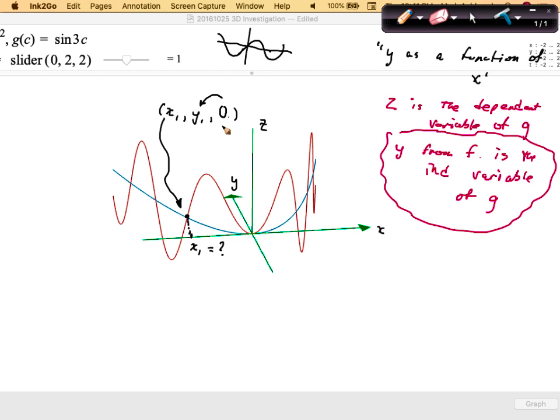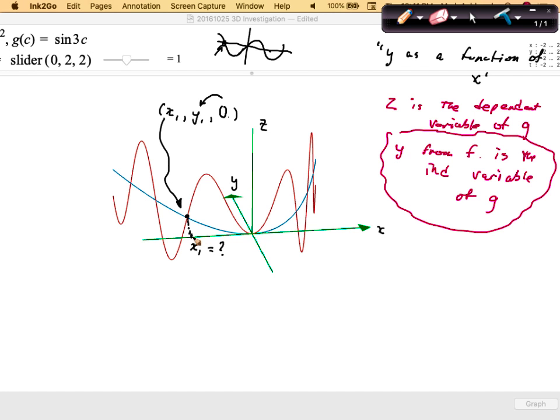So am I looking for this point right here? Is that what I'm looking for? No. Why not? Because you went negative there. You can't do that. So for the independent variable of g, what direction is this?